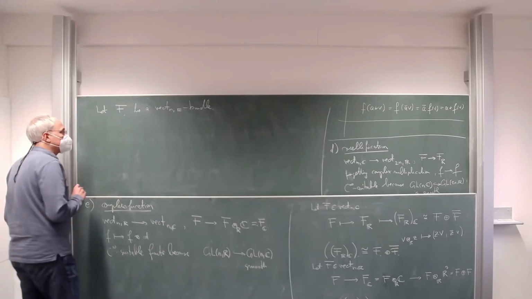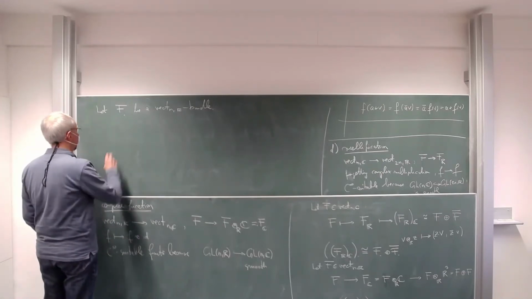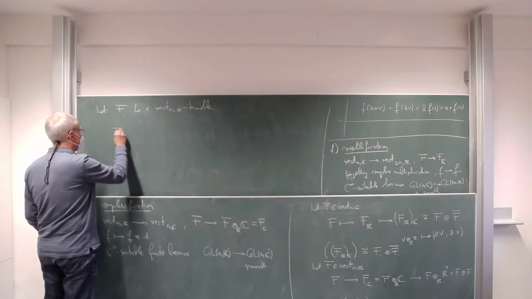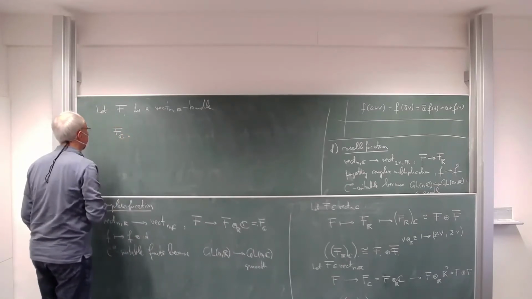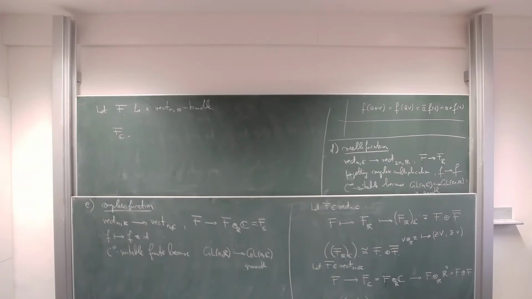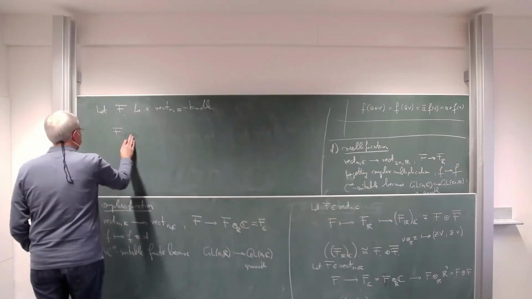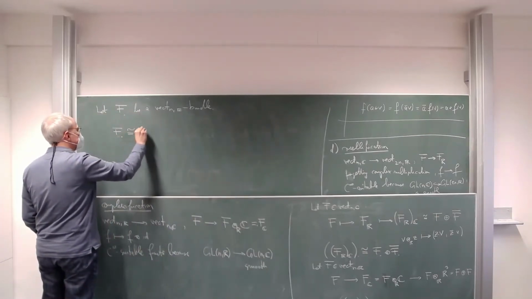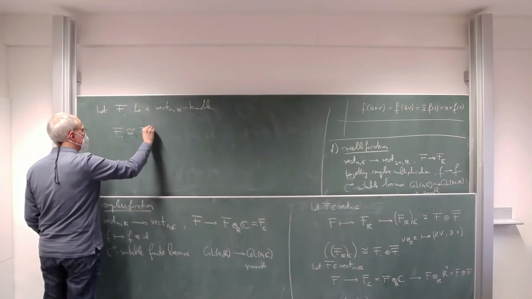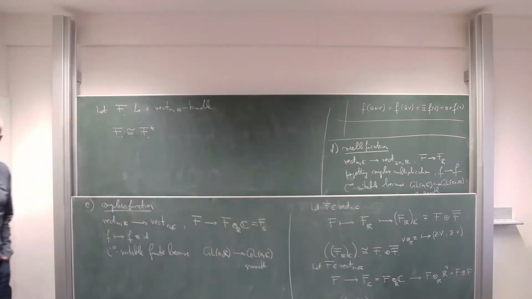But then we have to make an observation first. If we complexify, then I'm claiming, since we started with a real bundle, we know that the bundle is isomorphic to its dual bundle, because it's real.